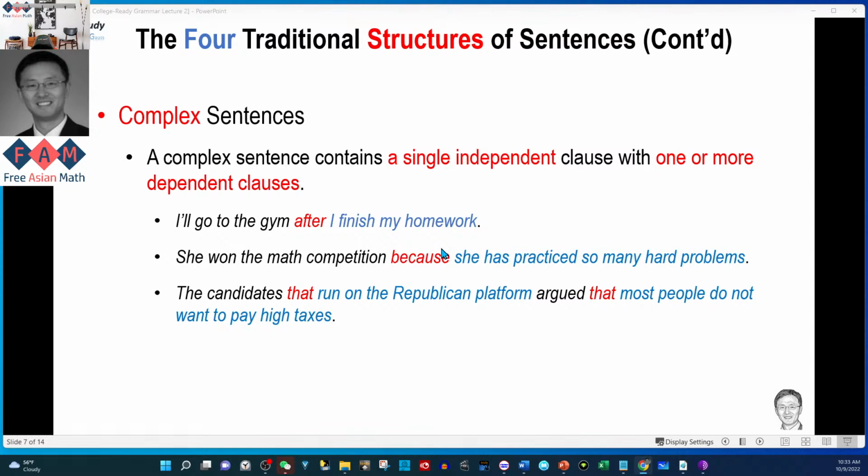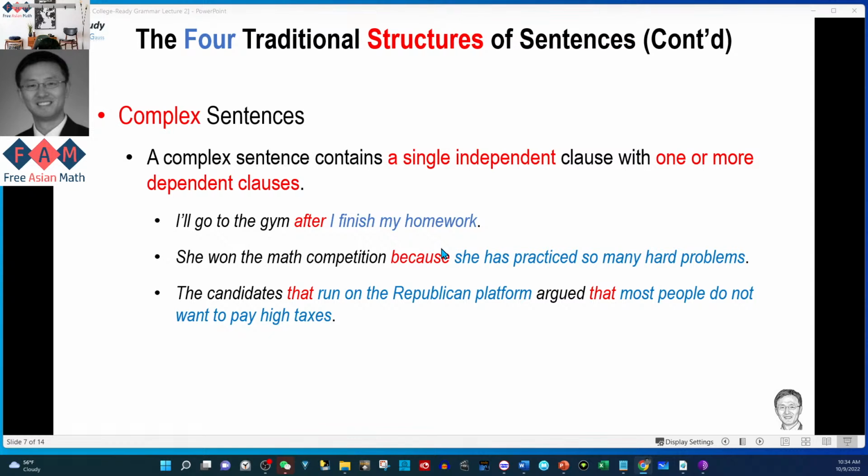Okay, so this is a complex sentence that has two dependent clauses. But logically, the main clause is quite simple. The candidates argued something. That's the trunk of this tree. We cannot be too distracted by the branches. We need to focus on the top level main part of a sentence.